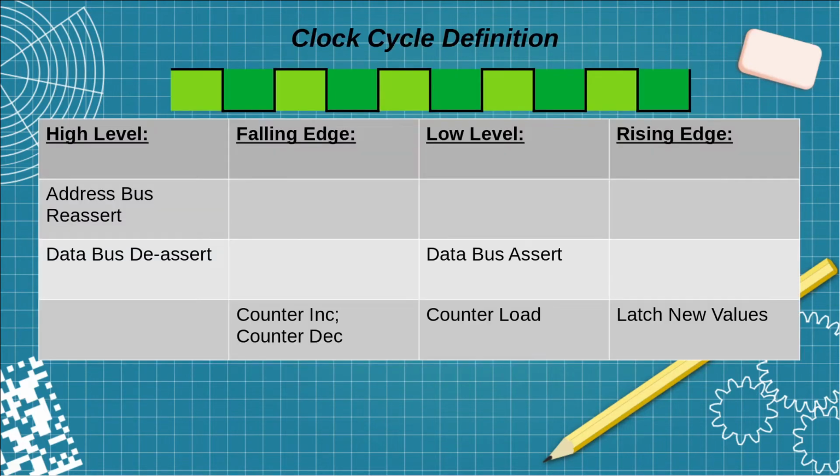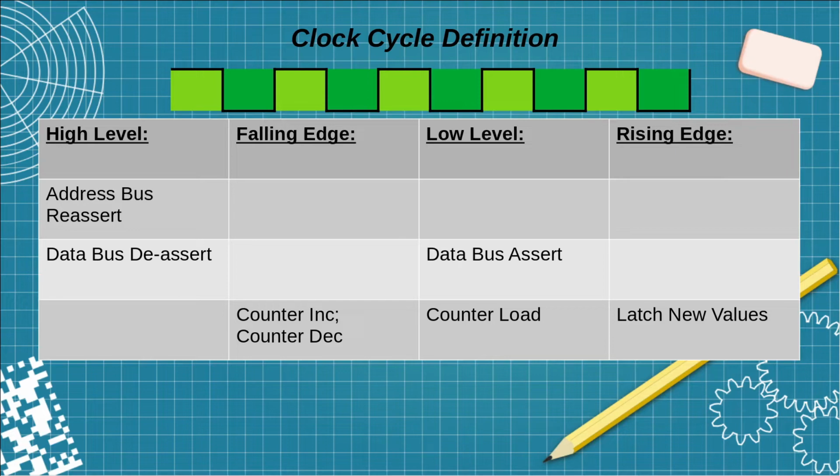So to put this in more of a graph form, starting at the high level, I'm going to reassert the address onto the address bus. That address is going to be asserted through the entire clock cycle, and then on the high level, right after the rising edge, it's going to have a new address that needs to be reasserted. And then on the high level, we'll deassert on the address bus. On the falling edge, we'll take care of the counter increment, counter decrement.